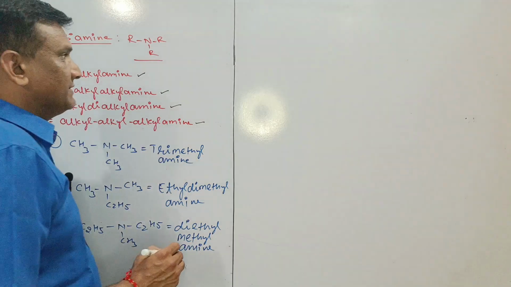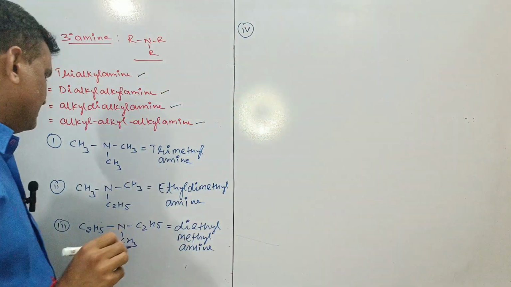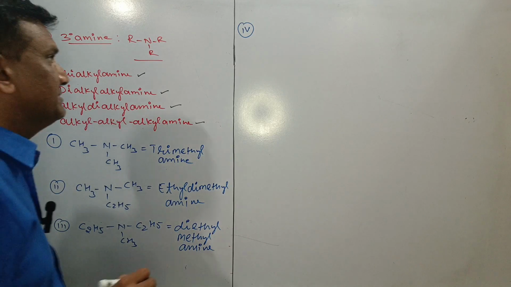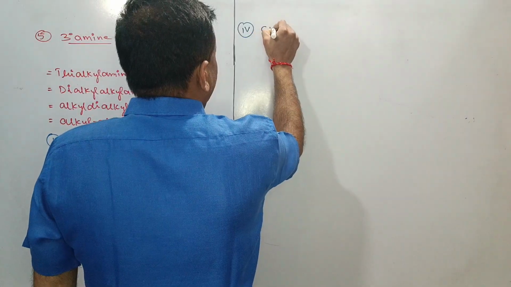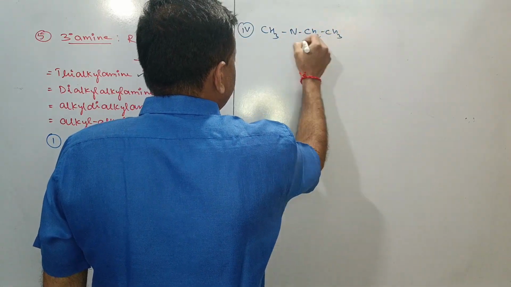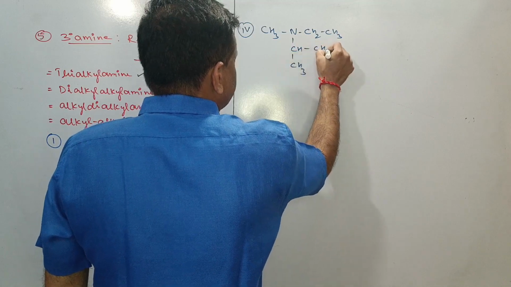If we want to go with further examples, then we can take a lot of examples. Fourth example, we can take just, there are three possibilities. Fourth possibility, that is, all are different. This is the NCH2 and CH3. This is the CHCH3 and CH3.